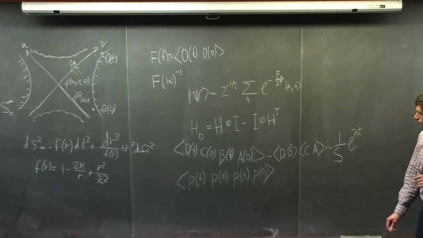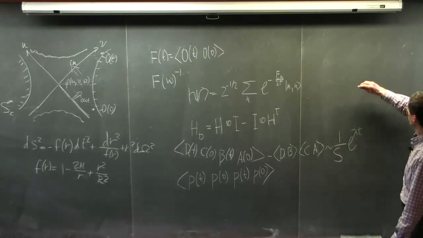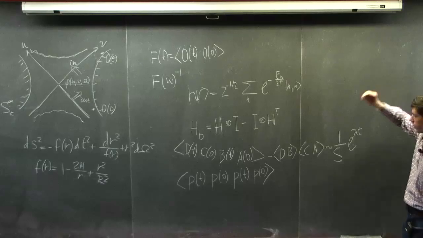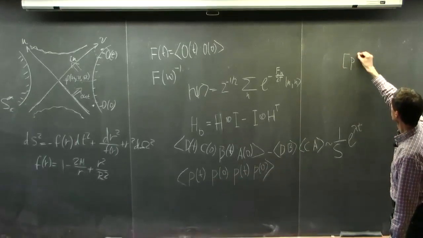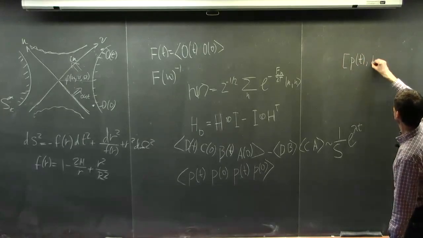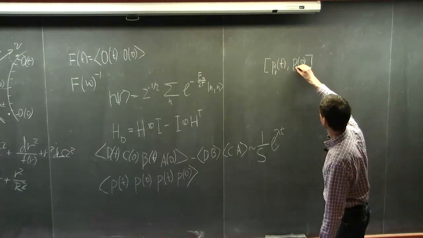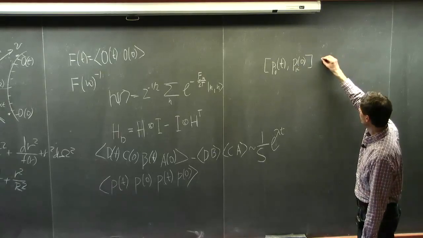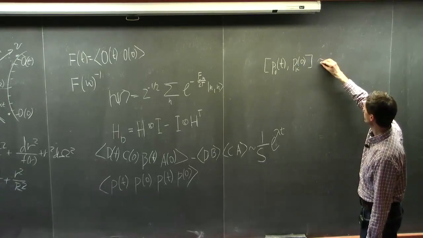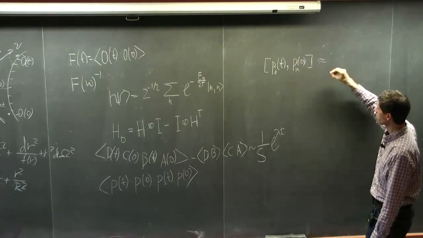So let me just repeat their argument. So instead of this correlator, let's consider just the commutator of two momentum operators. And we may also put J and K if it's a multidimensional system. And in the semi-classical approximation, it's a response function.